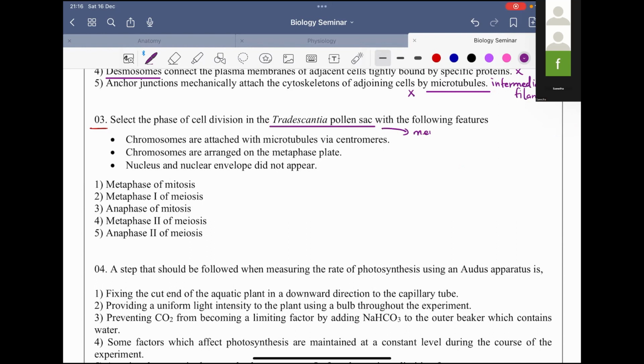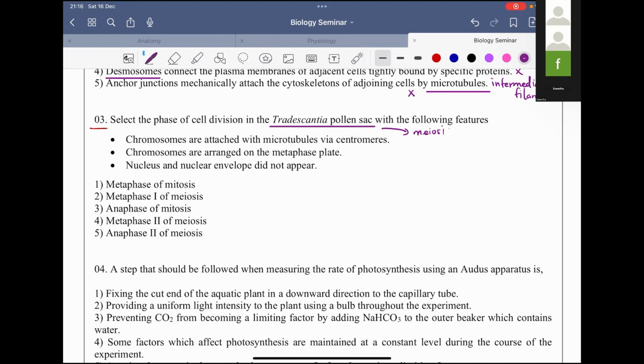In metaphase 1, they might have mentioned homologous chromosomes. If you see this sentence, chromosomes are attached with microtubules via centromeres. If it is meiosis 1, they might have told you both the chromatids of the homolog are attached to the microtubules.